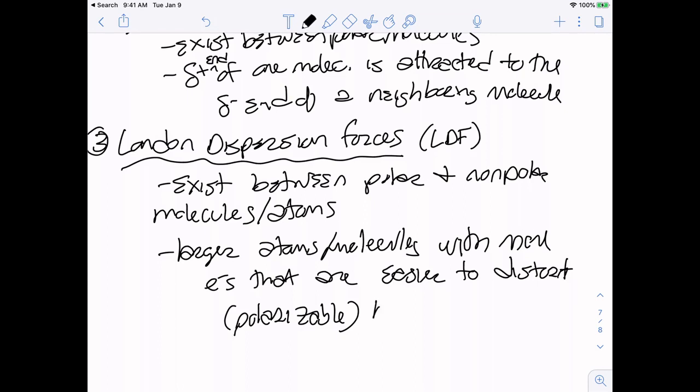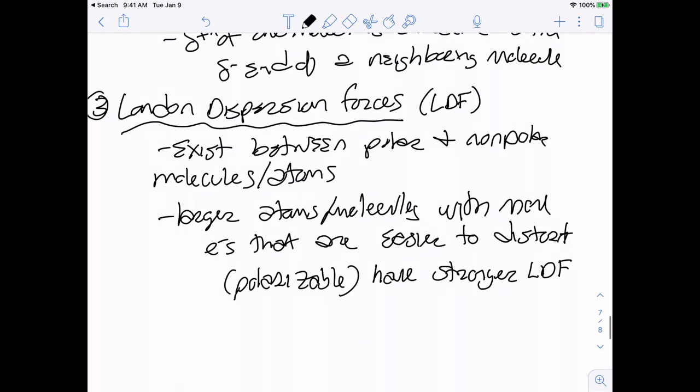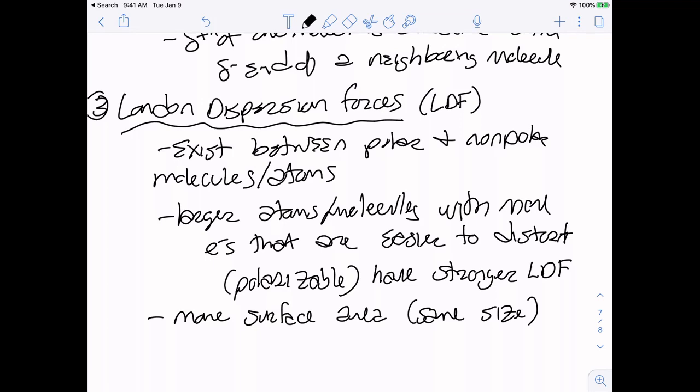So these have stronger London dispersion forces. And then we also said that if it has more surface area, but the same size, and we went into more detail in the last video, so same number of electrons but more surface area, then that's going to have stronger London dispersion forces also.